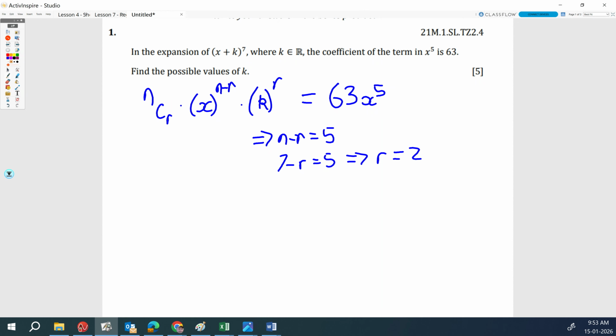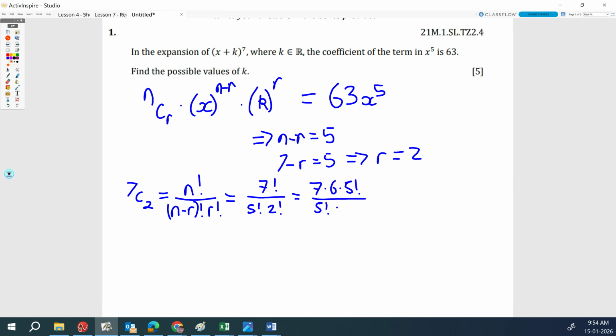So we then need to find the binomial number, 7C2, which is given by the formula n factorial over n minus r factorial, r factorial. That's going to be 7 factorial over 7 minus 5 factorial, 2 factorial. So this is 7 times 6 times 5 factorial over 5 factorial times 2.